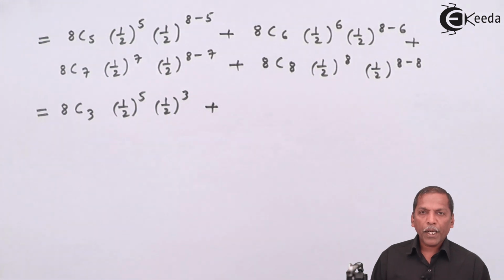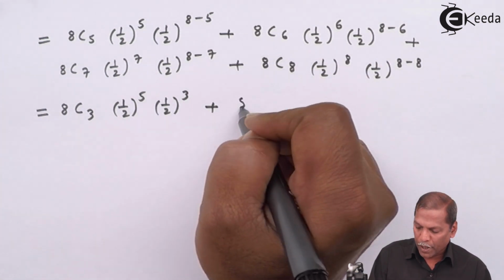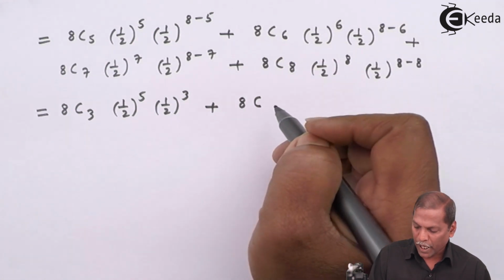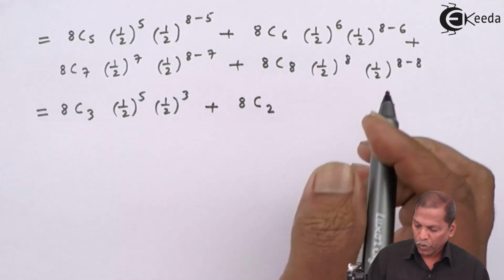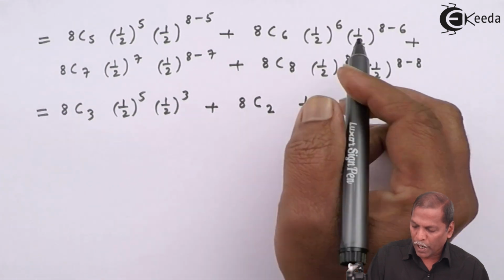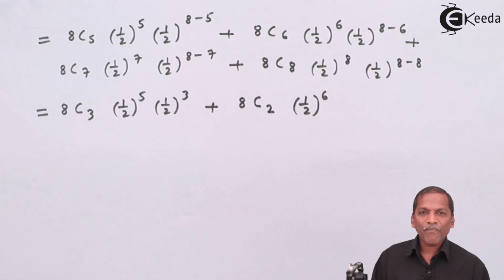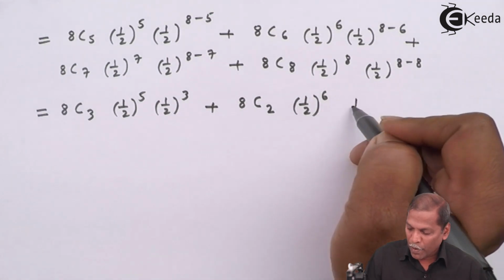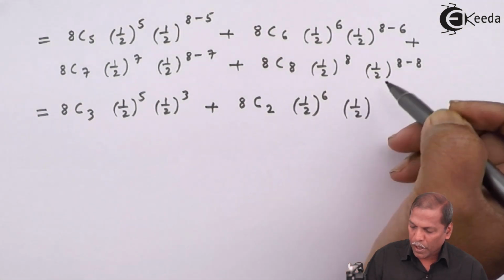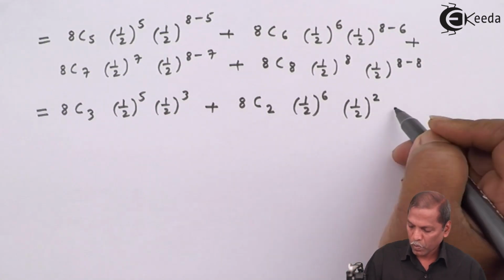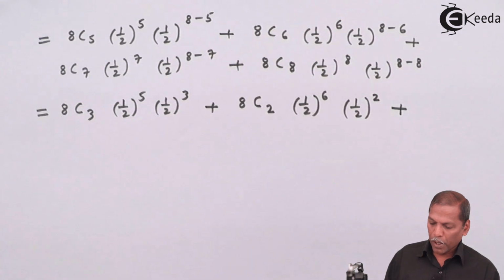Now 8C6 can be written as 8C(8-6), that is 2, into (1/2)^6 as it is, into (1/2)^(8-6), that gives 2, plus.